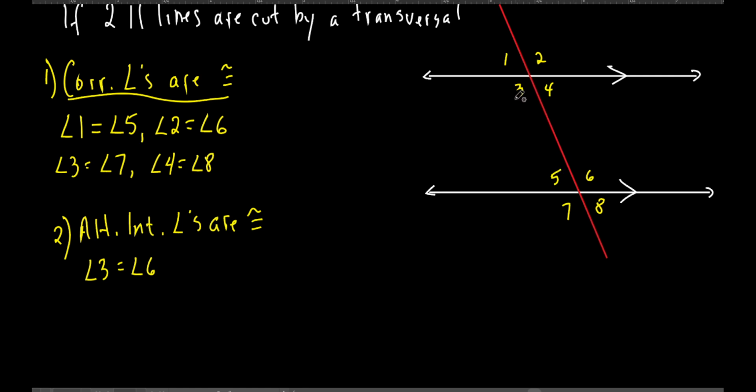They're not completely opposite each other. You see it? What's completely opposite in the interior angles? What's completely opposite angle 3? It's 6. 3 and 6 are completely opposite. They are alternate interior angles. Okay? And the other ones is 4 and 5. That's right. So angle 4 must also equal angle 5.